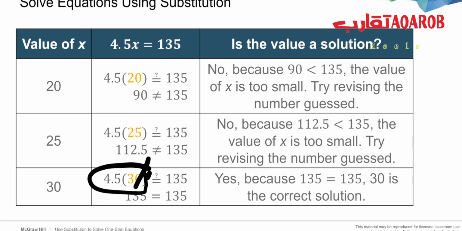Cross out the 0 with the decimal point, so I have 3 times 45, and it's equal to 135. So the answer is correct.